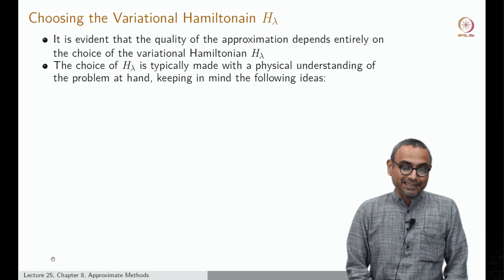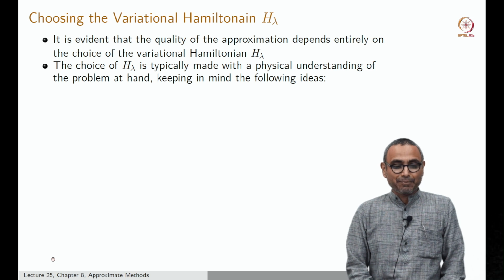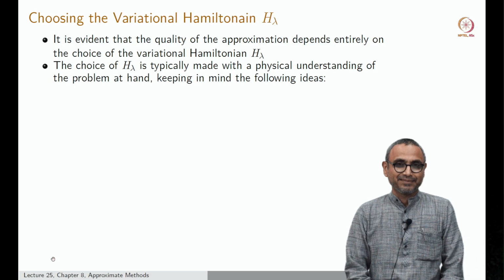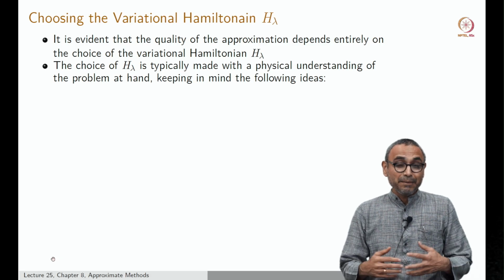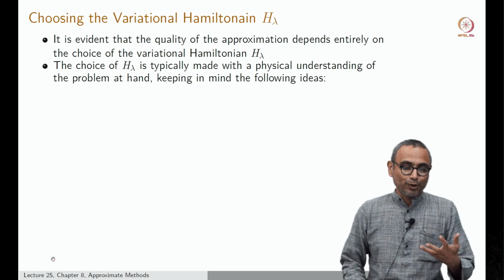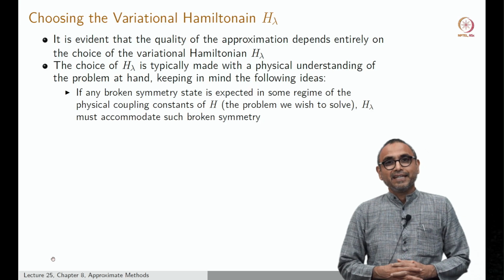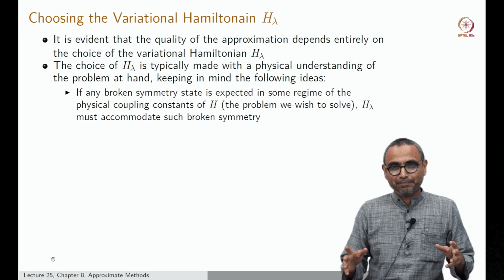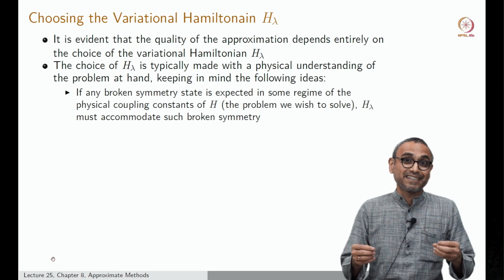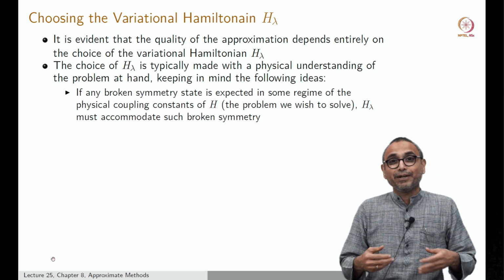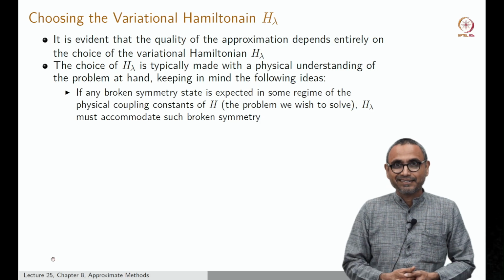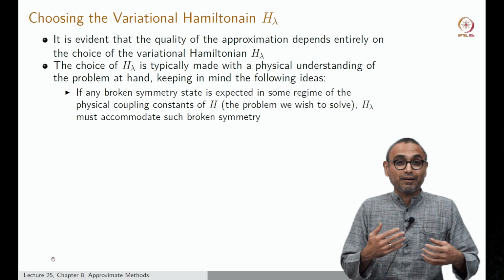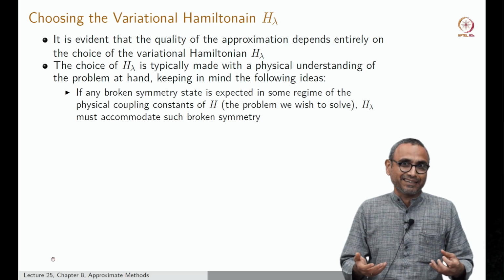So in all cases that at least I am aware of, H lambda is made with some physical understanding of the problem. In particular, you have to keep the following things in mind. If you are expecting that there is some regime of parameters in your original problem where you are going to break some symmetry, then you must construct H lambda which will allow for such a symmetry breaking.